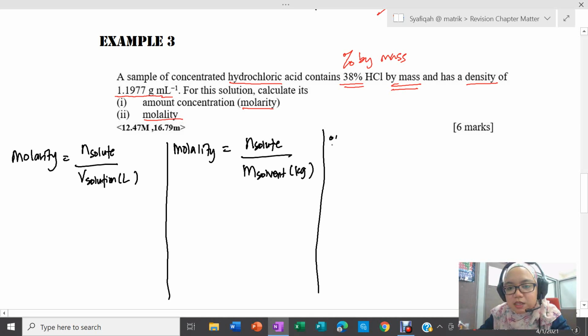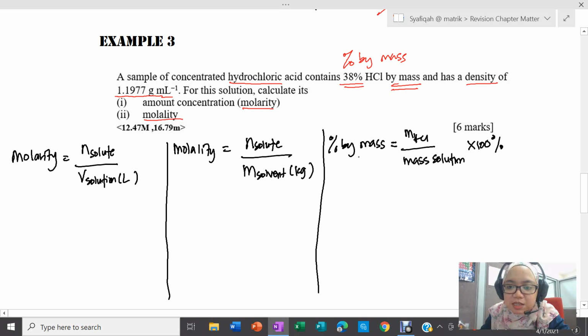So, percentage by mass, formula dia adalah mass of HCl divide dengan mass solution times 100%. So, kita dah tahu percentage by mass kita 38%. So, kita boleh guna assumption. Kita nak assume apa? Kita nak assume mass solution. Nak assume mass solution ni macam mana? Okay, kita tengok 100% kan?